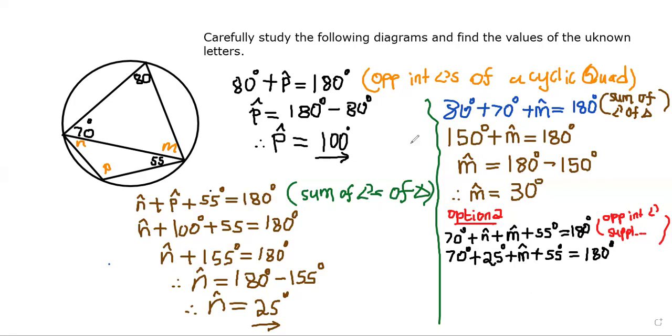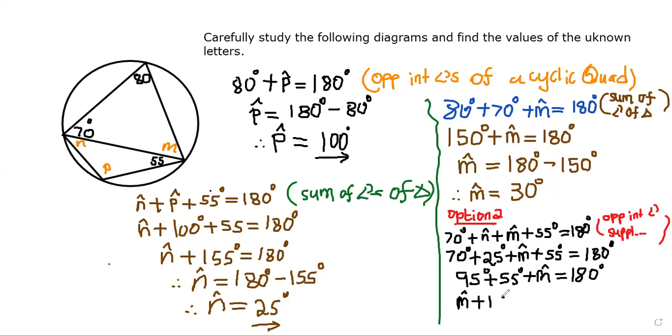degrees. And then you add 70 plus 25. It gives you 95. So that's going to be 95 degrees plus 55 degrees plus M is equals to 180 degrees. Then you're going to say angle M plus 95 plus 55, we're getting 150.